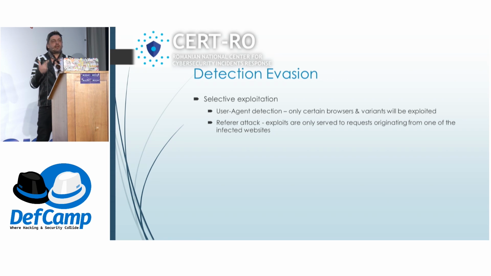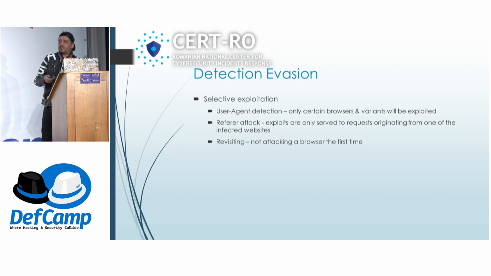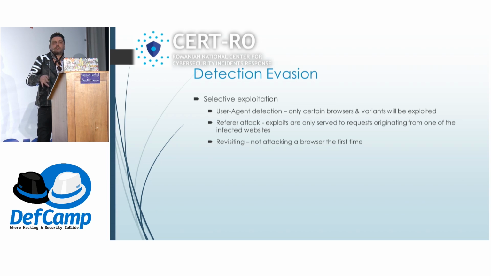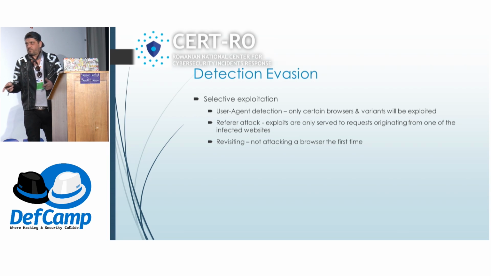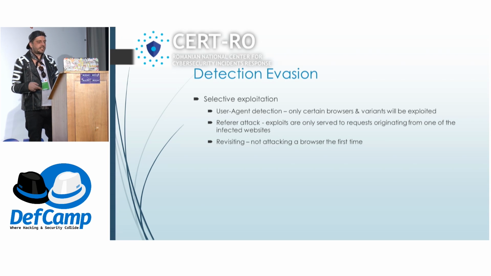So if you directly analyze it, it will do nothing. Only if you come from one of the infected websites they know they have. Also, there are some real-life examples where the attacker doesn't target the user the first time he accesses a page, but rather attacks him on revisiting, like when he opens a link on a secondary page of the website, etc.